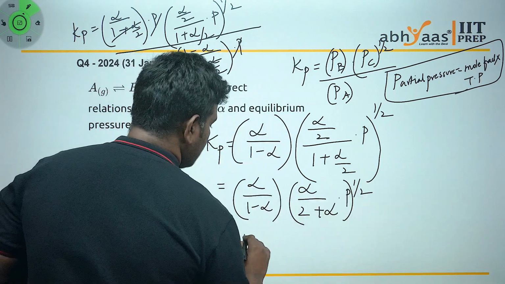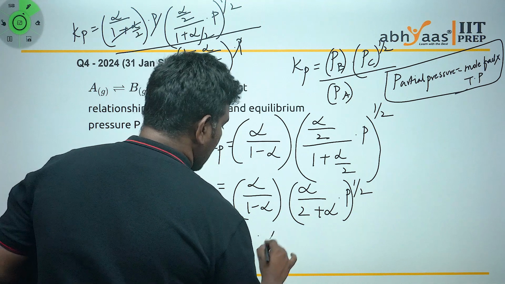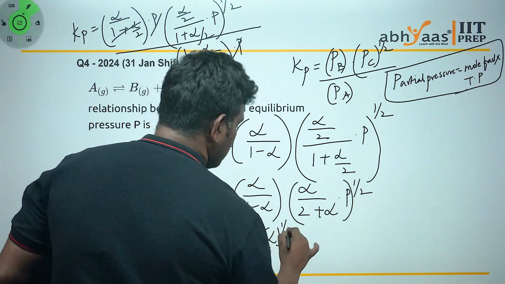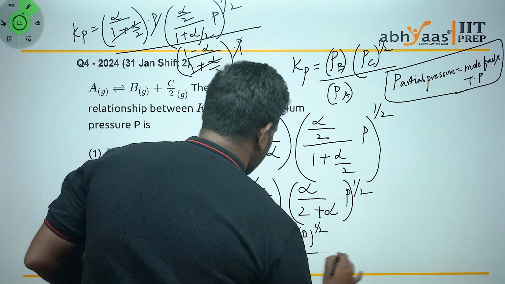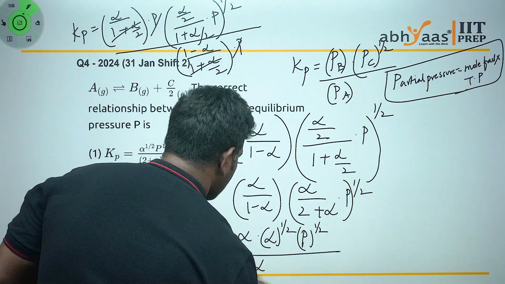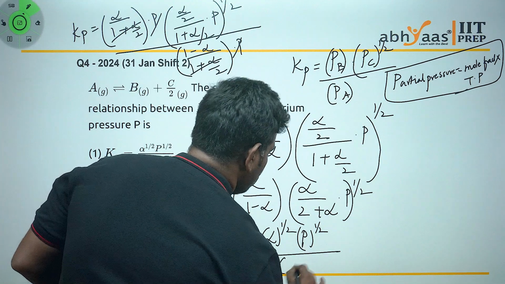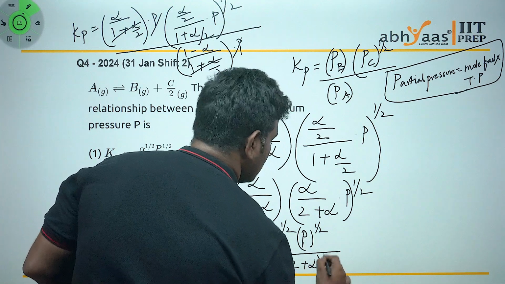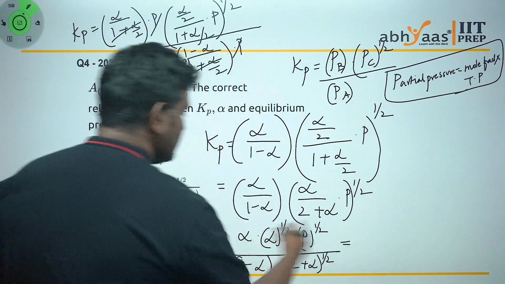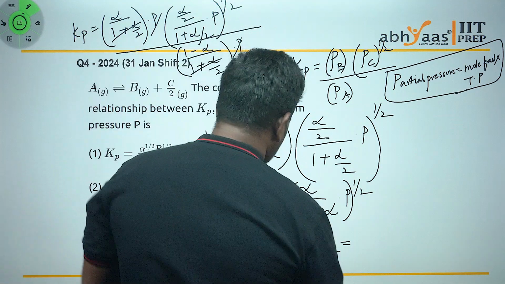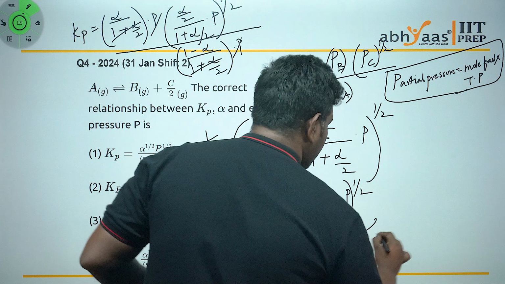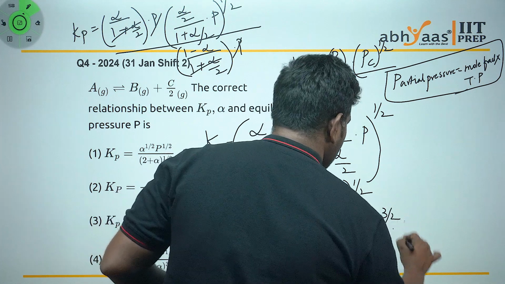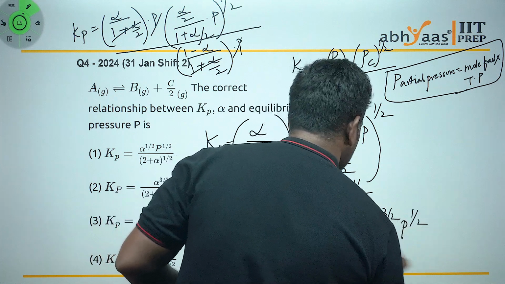Now this becomes alpha into alpha raised to 1 by 2, P raised to 1 by 2, divided by 1 minus alpha into 2 plus alpha raised to 1 by 2. So here this particular step will be alpha raised to 1 into alpha raised to 1 by 2. So it will be alpha raised to 3 by 2 into P raised to 1 by 2.